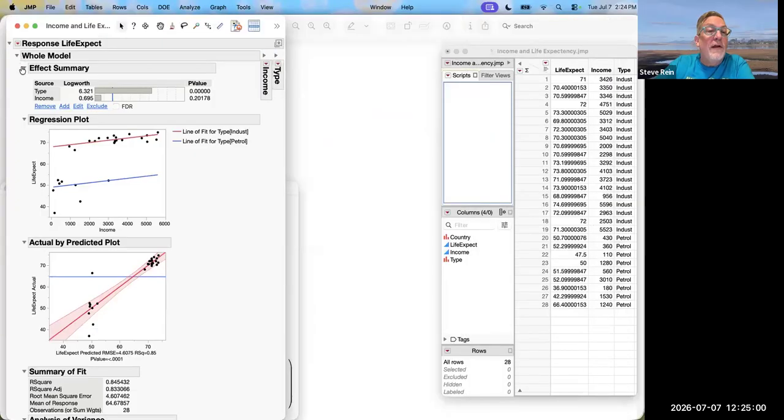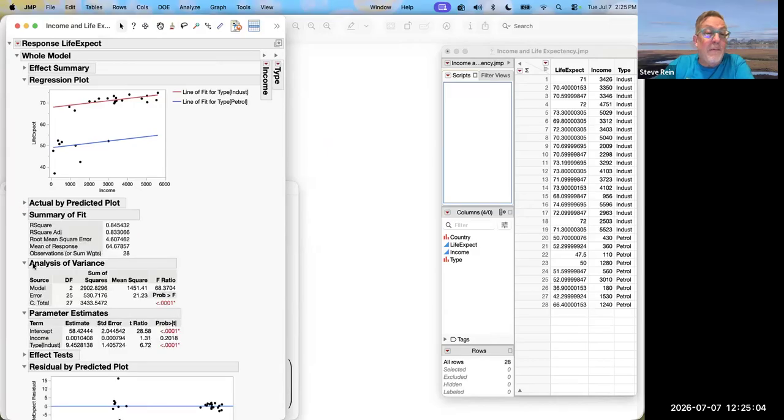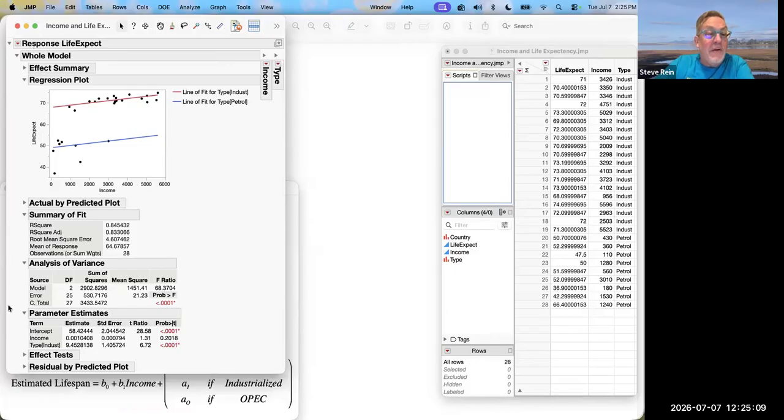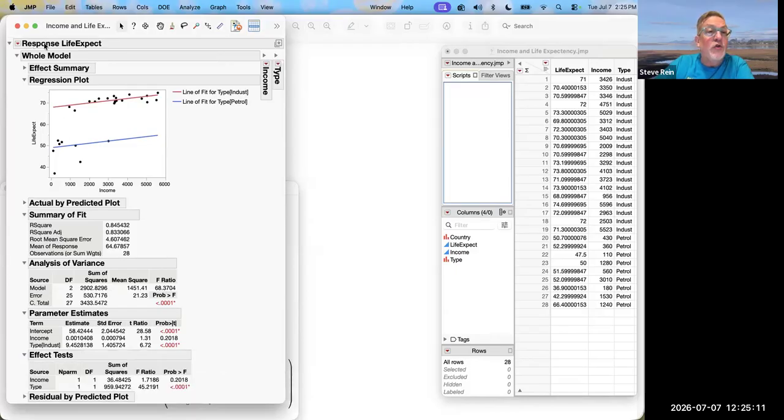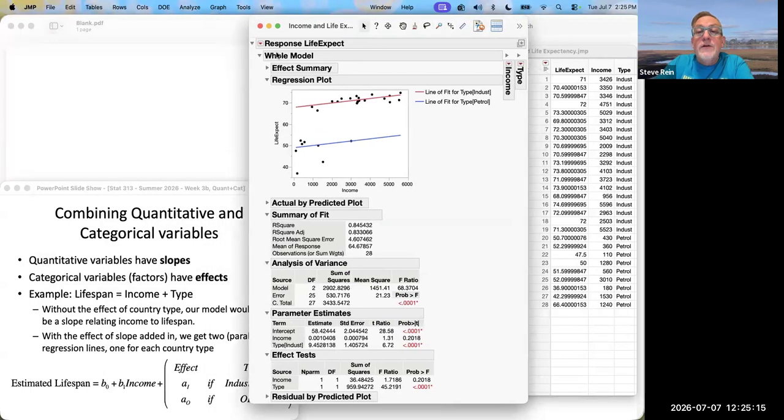I'm going to ignore the things that keep popping up and emphasize the things I want to look at. Today, it's this collection of individual analyses. First off, if JMP can pull it off inside of fit model, by default, here's what you get. There's a trend line for the industrialized countries, the red trend line, and another trend line for the OPEC countries.